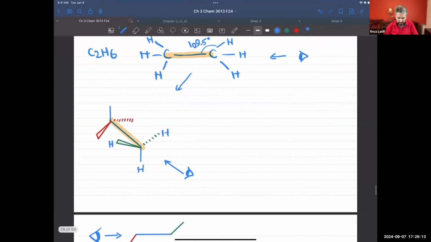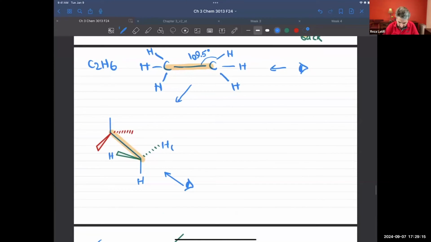So I got 3 atoms, and I'm going to call them front. Now I'm going to have another 3 hydrogen atoms, and I'm going to call them back, and that one also will be back.